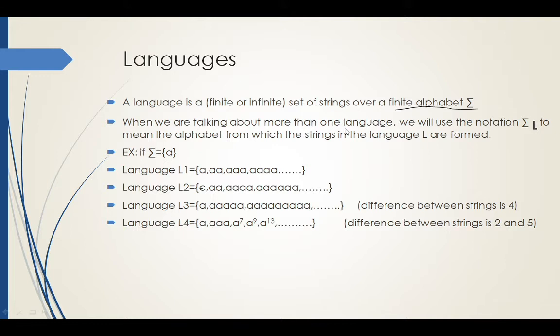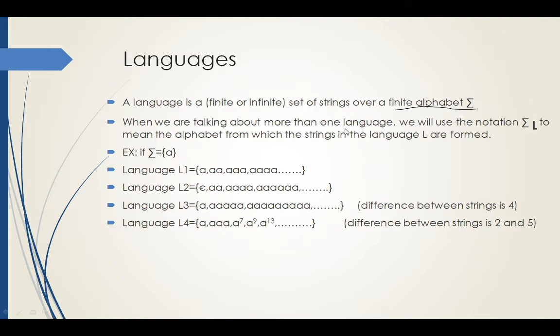Let's see the definition of a language. A language is a finite or infinite set of strings. So a language may have a finite set of strings, or it may have an infinite set of strings, but these strings are formed by considering a finite alphabet.